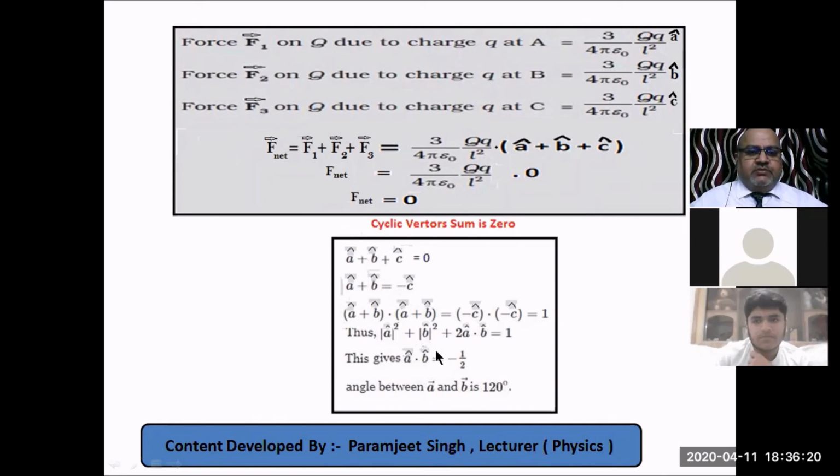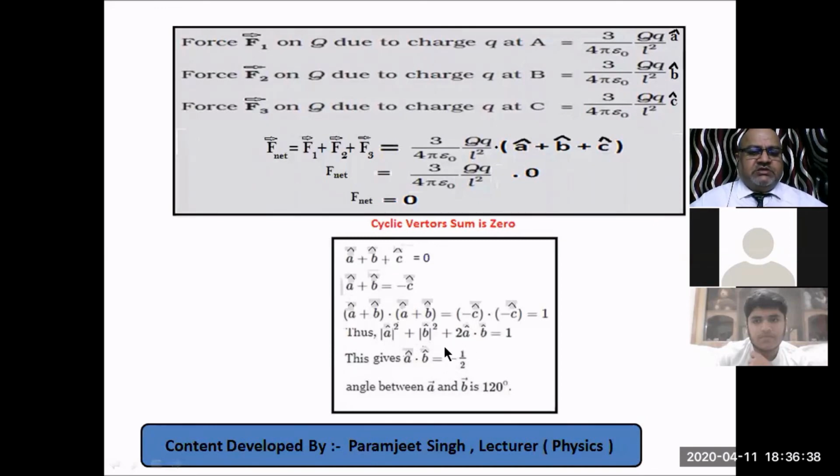What is left on the left hand side? 2 A cap dot B cap. Now the 2 also we shift towards the right hand side, minus 1 by 2. A cap dot B cap is equal to minus 1 by 2.